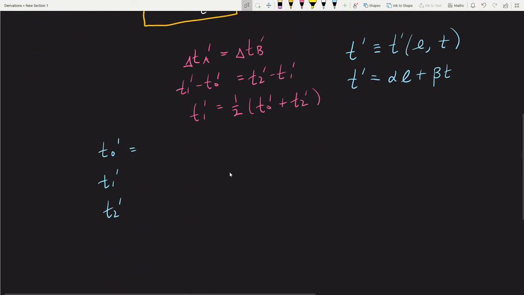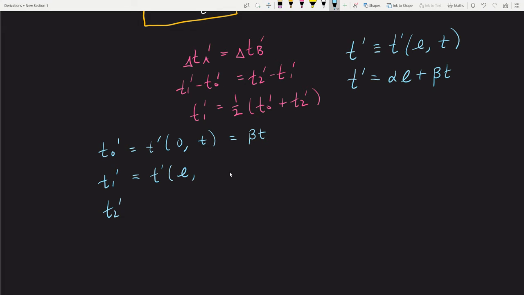Maybe position might be a better variable, but let's stick with L for now. So we're going to say that this function at 0 and then T equals beta T. What's T1? T1 is going to be, well, now we're at L for sure.